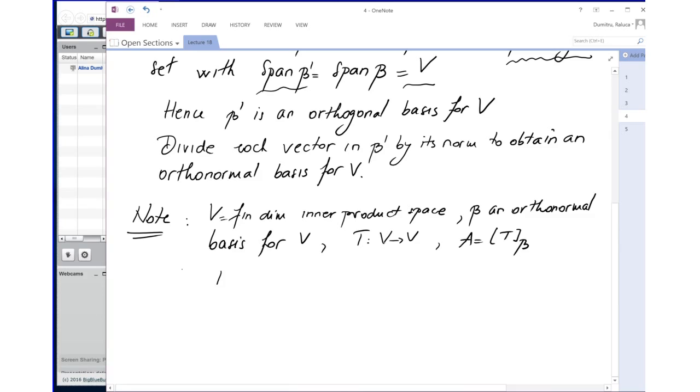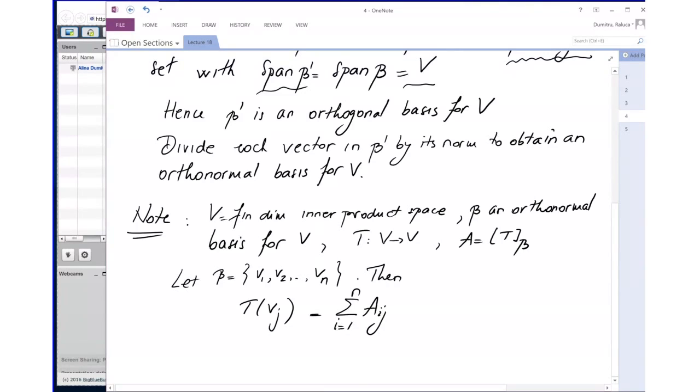Well, if beta would be, let's say, V1 through Vn, to find the entries of the matrix A, we just did T of Vj. And we said that T of Vj must be some linear combination of vectors V1 through Vn.